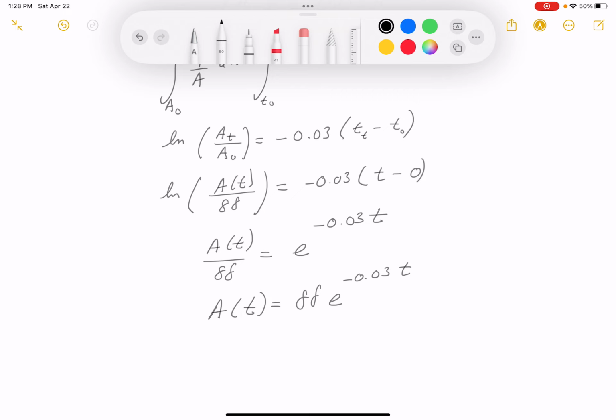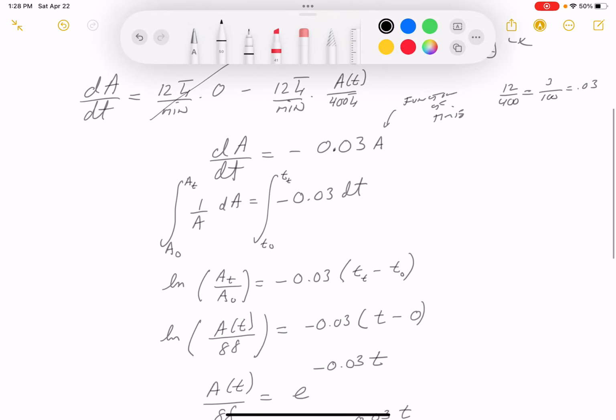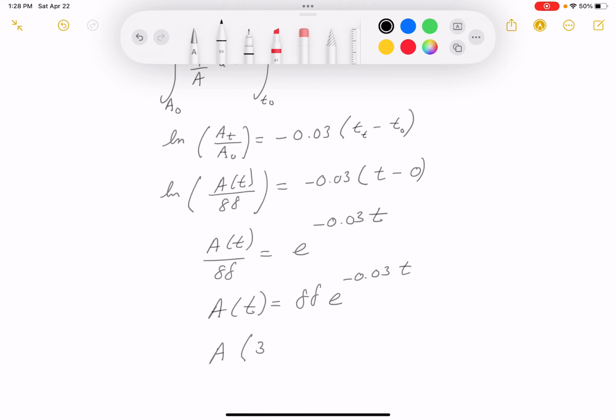All right, so the question is now, do you remember the question? And I kind of remember it. It says, what's the amount of chlorine? This is A when T is equal to, let's go back over here. Yeah, 30, at 30 minutes. What do we have? It's 88 E to the minus 0.03 times 30.